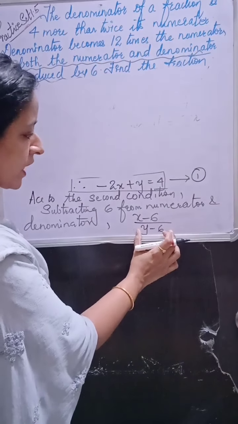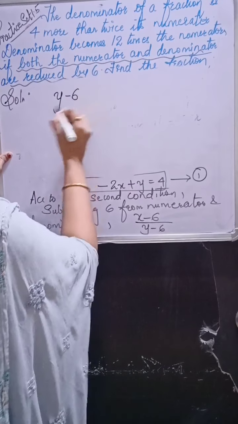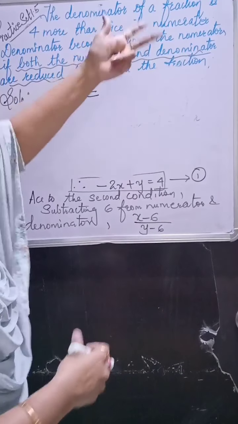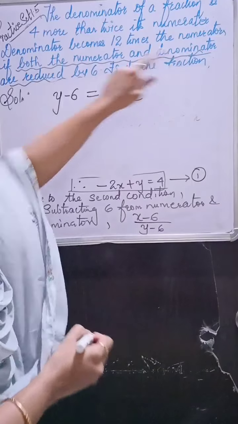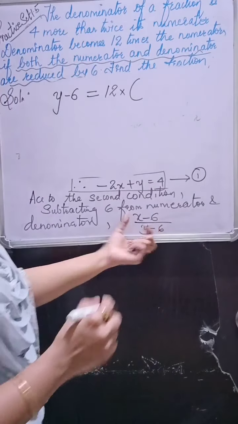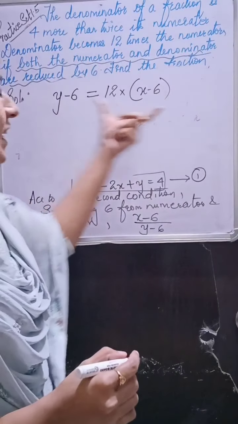The new denominator here is y minus 6. So y minus 6, the denominator becomes equal to 12 times the numerator. So what is the numerator? X minus 6. When is this condition happening?